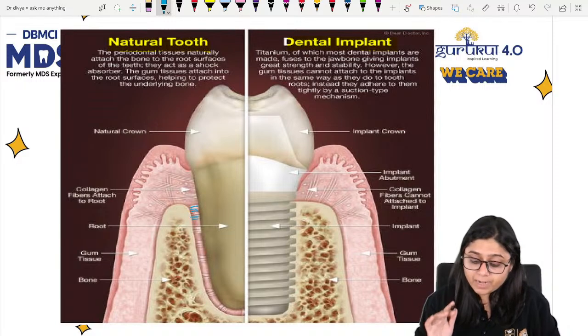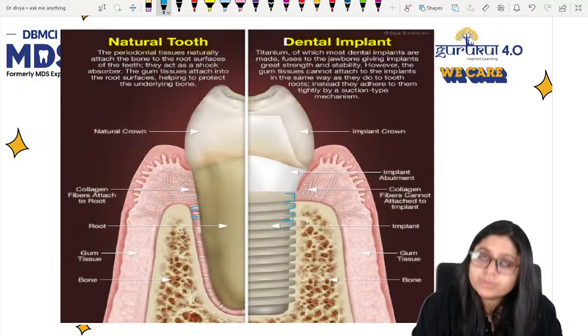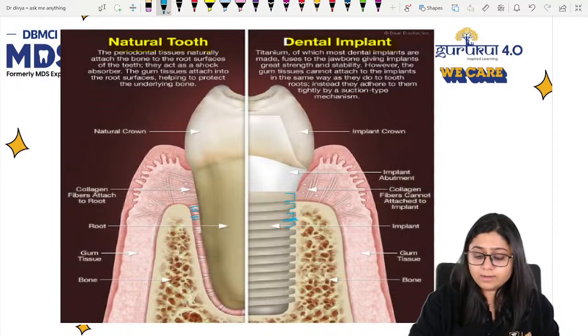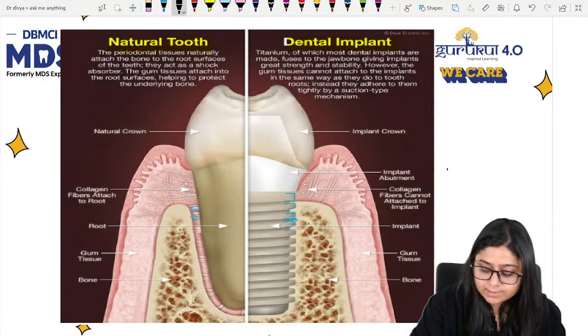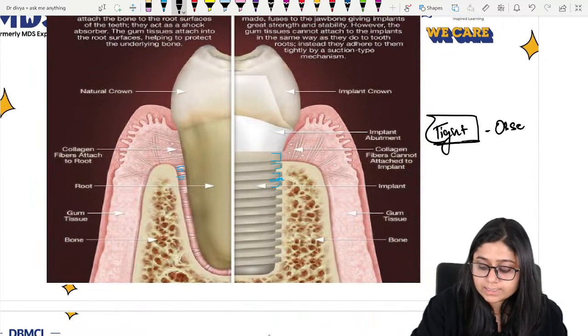In dental implants, the connection between the screws of the implants and the bone is firm. It is a tight junction. It is a tight osseointegration.